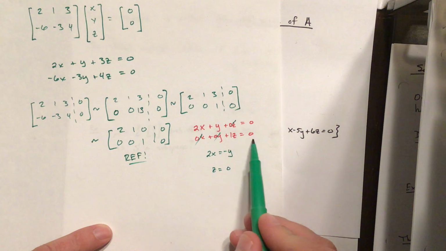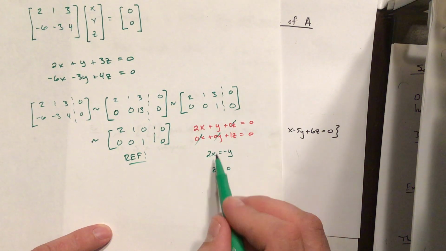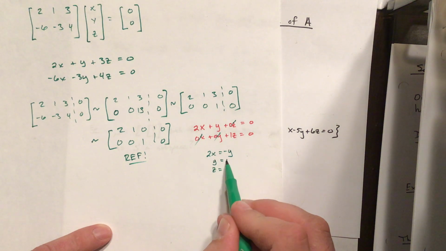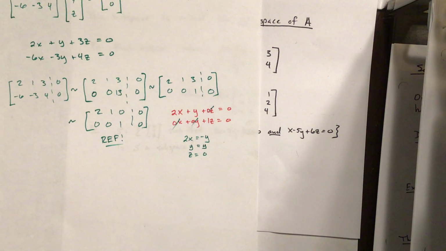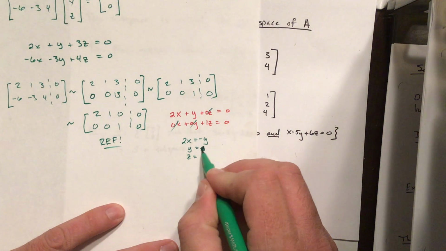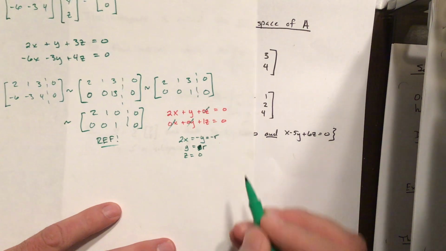This restricts z to be 0. This restricts 2x to be -y, but there's no restrictions on y. So y can be anything we please. So I can let y equal y. In fact, the book will say, don't let it equal y, let it equal r, which makes this equal to -r.